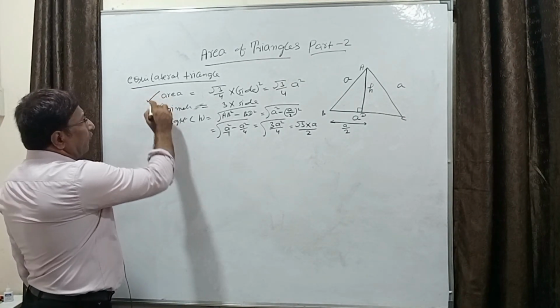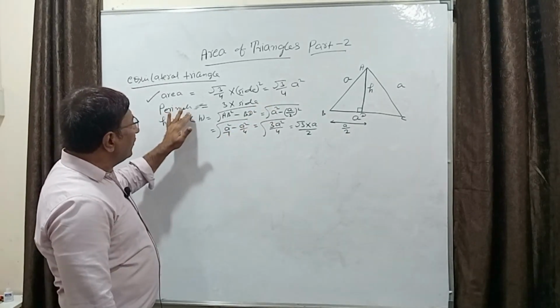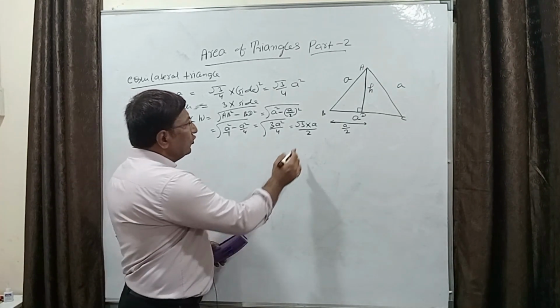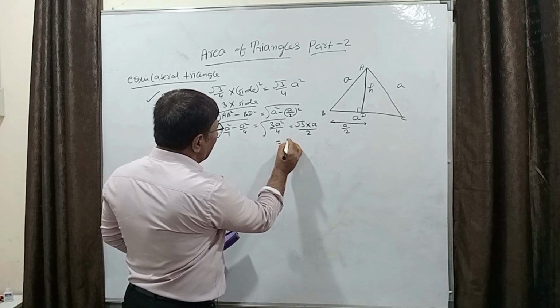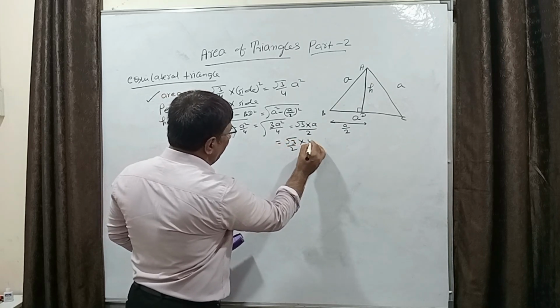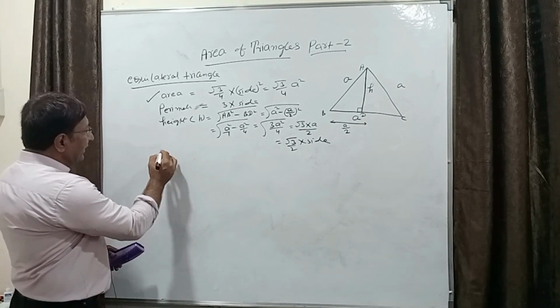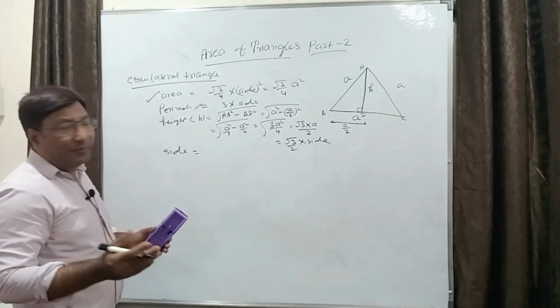Okay. So now the area formula is root 3 by 4 side square, the perimeter formula is 3 into side, and the height formula is root 3 by 2 into A. That means you can write root 3 by 2 into side. So if we need the side, that depends upon what is given.